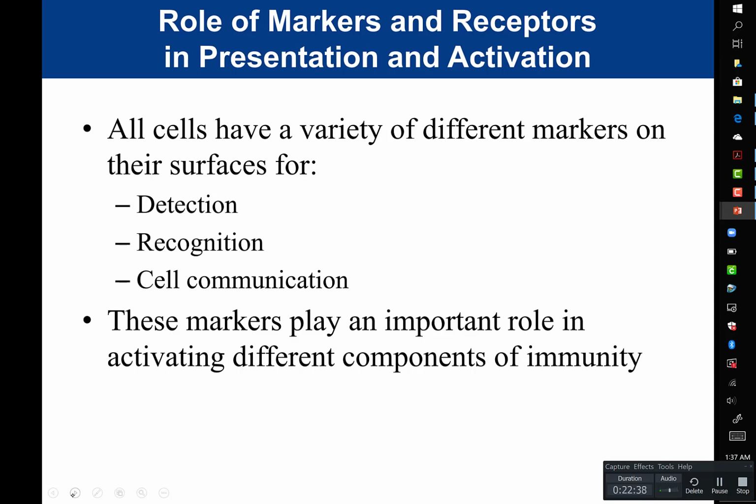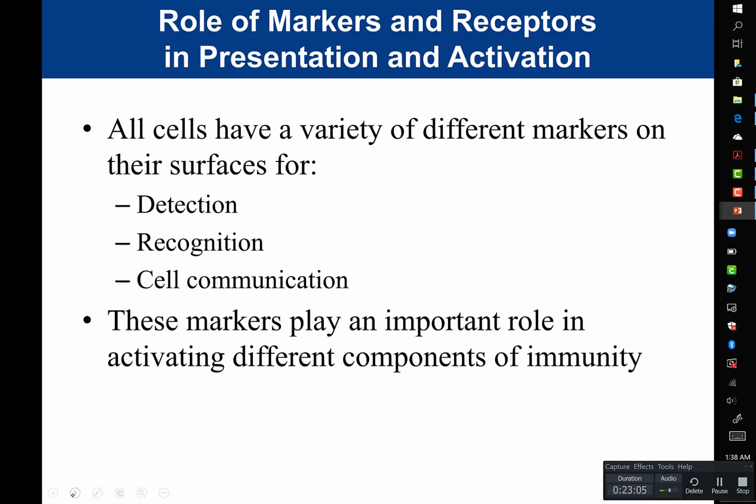Remember that when we watched the video of the white blood cell chasing the bacteria, did the white blood cell engulf the red blood cells? And the answer is no. You didn't see the white blood cell doing phagocytosis of the red blood cells, because there are markers on the surface of the red blood cells that are seen as self, but the bacteria has markers that are seen as foreign.